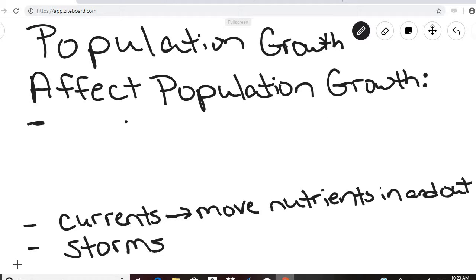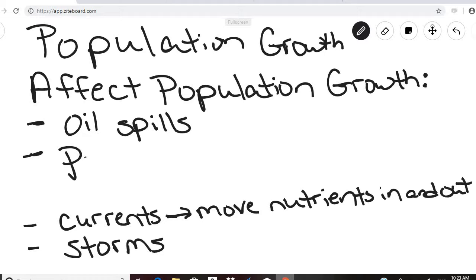Another factor that affects population growth is oil spills or other environmental ramifications on a marine environment. Predators: how do the predator-prey relationships bear out?